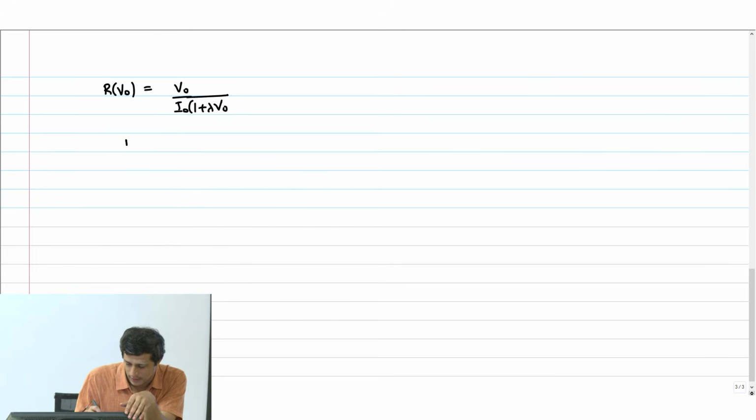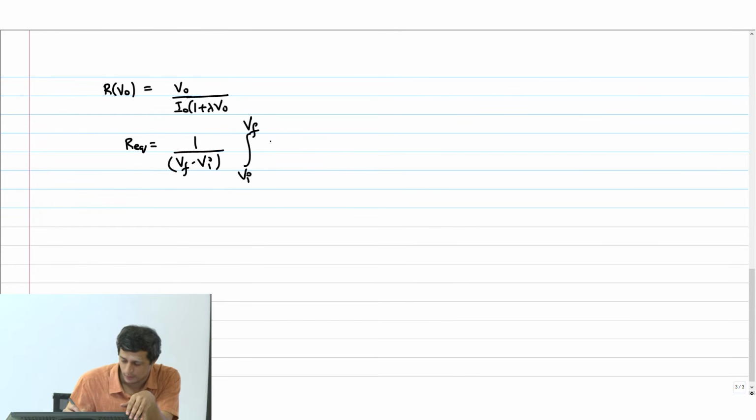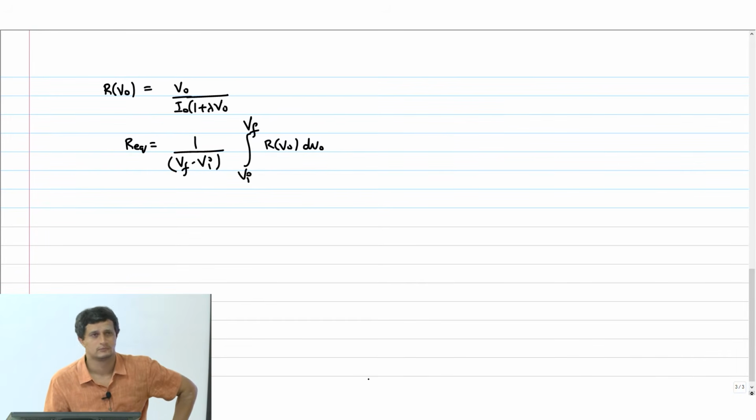So I'm saying that R equivalent is defined as 1 over V final minus V initial into the integral from V initial to V final of R of V naught dV naught. That's what I'm defining as the average resistance. Okay.